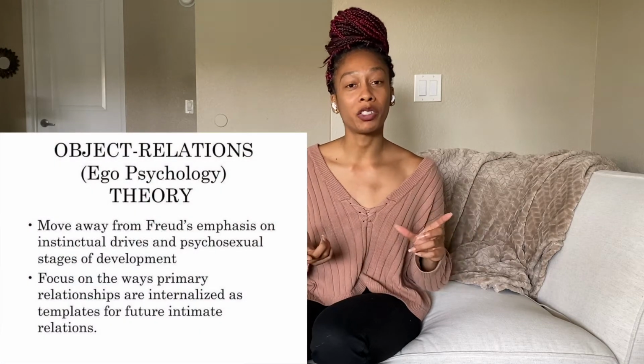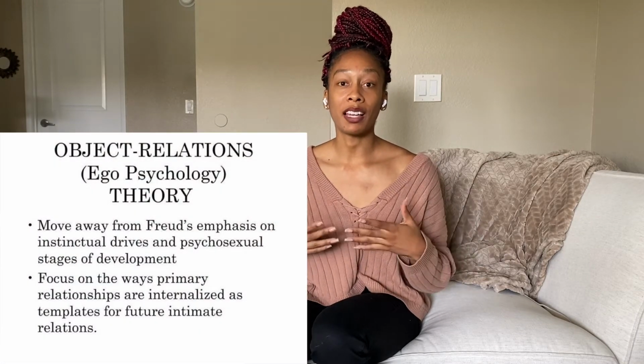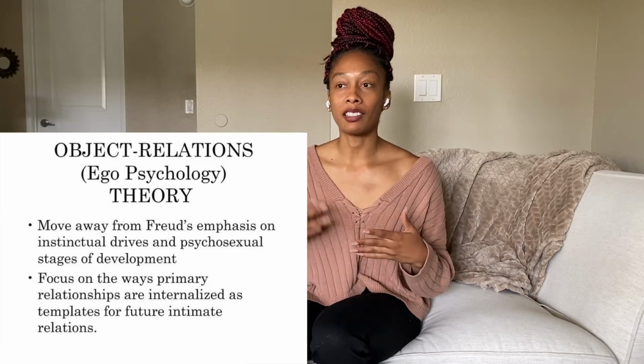So he also focused a lot on object relations approaches. So he really emphasized the relationships between people and how that impacts not just their behaviors, but their interpersonal relationships as well.